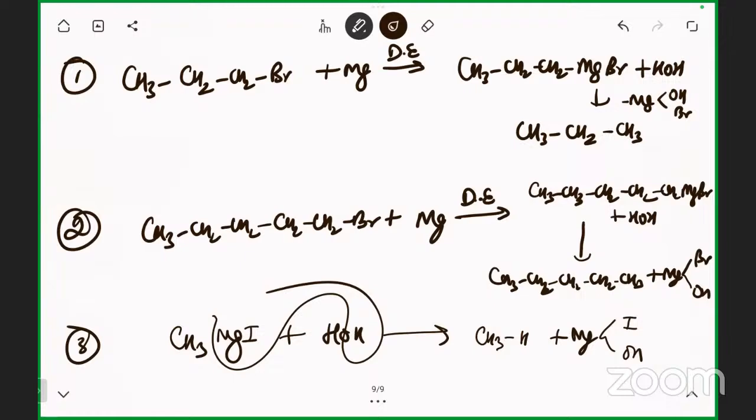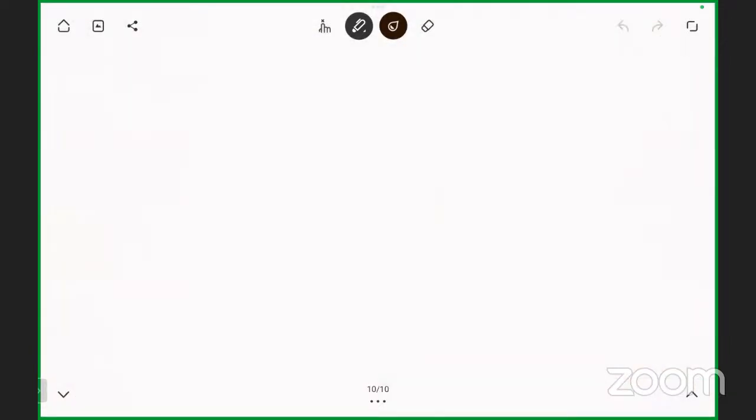Okay. Second method of preparation, let's talk. The second method is called Wurtz reaction. This is an important reaction. In the Wurtz reaction, generally we take alkyl halides containing either bromide or iodide, and when they react with metallic sodium in the presence of dry ether, they form alkanes.